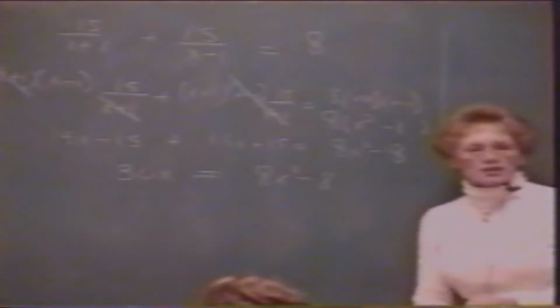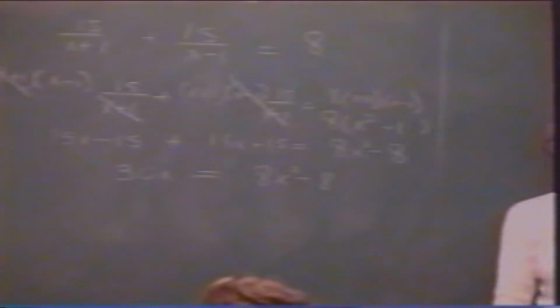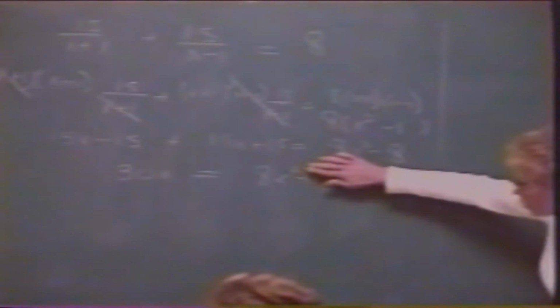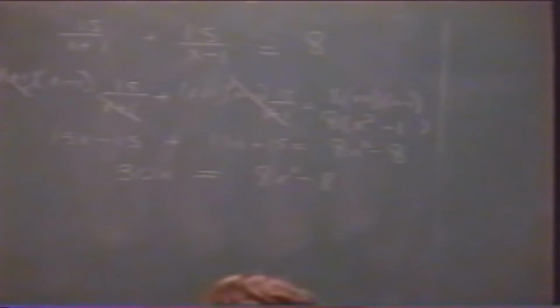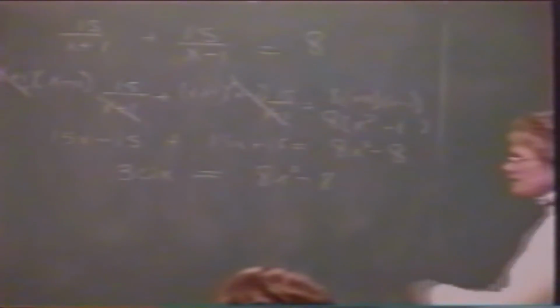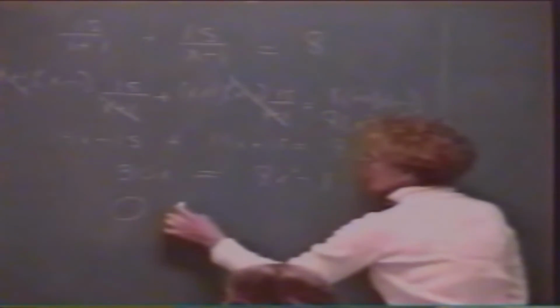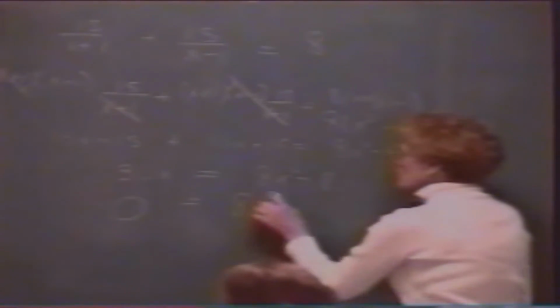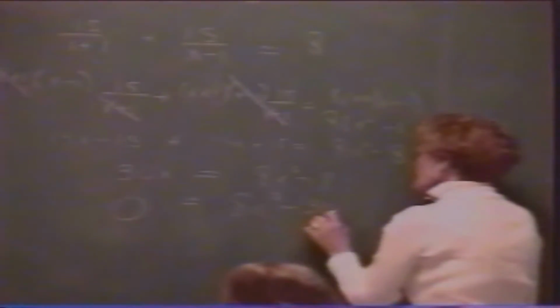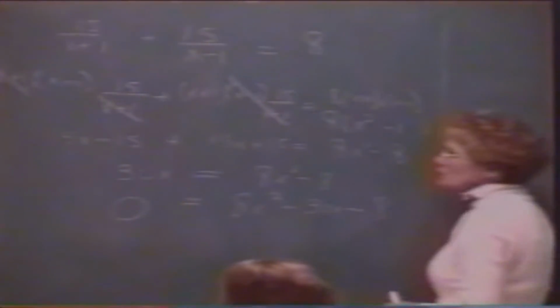What kind of equation is this? Linear or quadratic? Quadratic, because it's got a square. So we have two choices. We can either factor it or use the quadratic formula. Whichever we do, we have to get it in the right form. So we need to get it equal to 0. So if I move that 30x over, I'll have 8x squared minus 30x minus 8 equals 0.